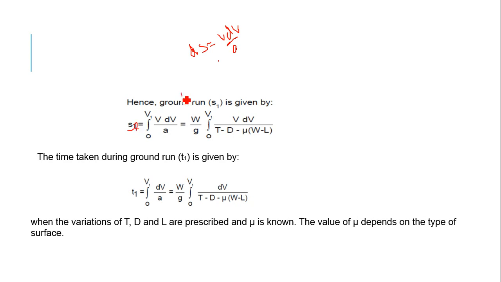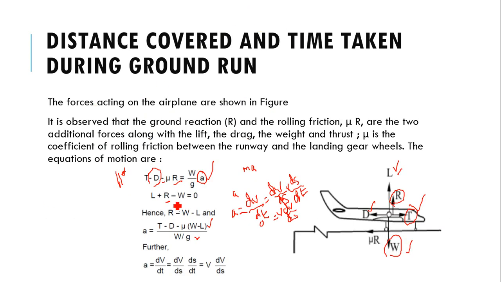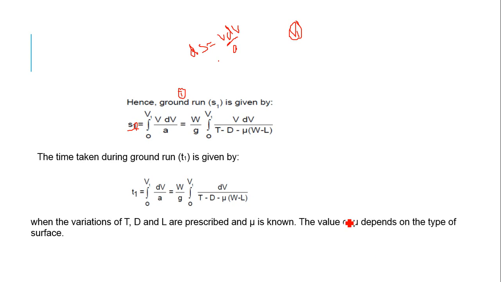Why we are considering this: it is for the ground run. For the ground run I am putting subscript 1, then for the transition it is 2, then for the climb it is 3, like that. So S1 equals the integral from 0 to V1, where V1 is the velocity reached at that point, of V dV divided by A. We know the value for A: A equals T minus D minus mu into (W minus L), divided by W by g.